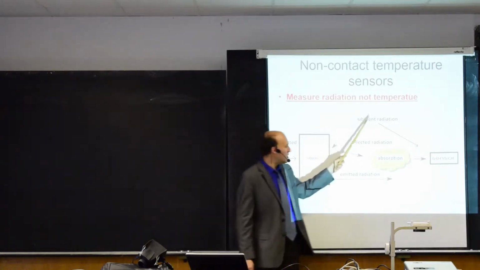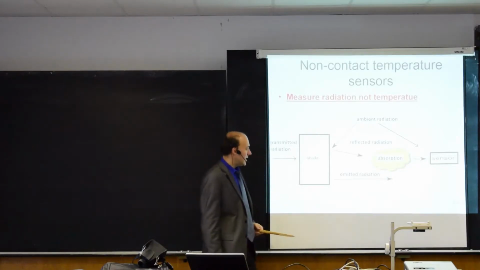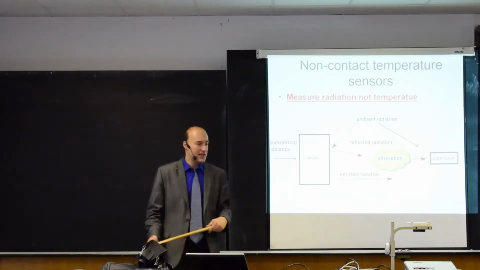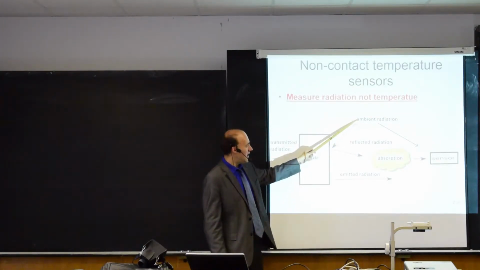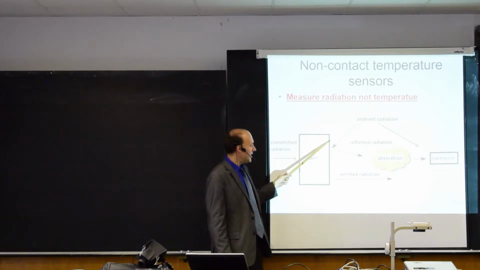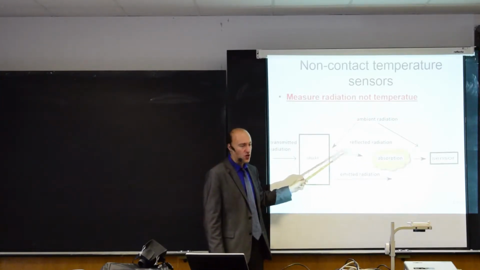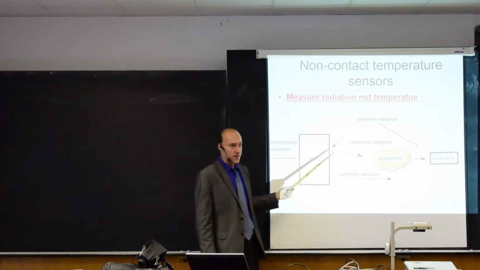And the ambient radiation is always going to the sensor as well. So that's one component. Another component is reflected radiation. So we may have some source of radiation. This radiation is going to the object itself, and then it is reflected and goes to the sensor. So if we have some other sources around our object, then we may see the reflection.